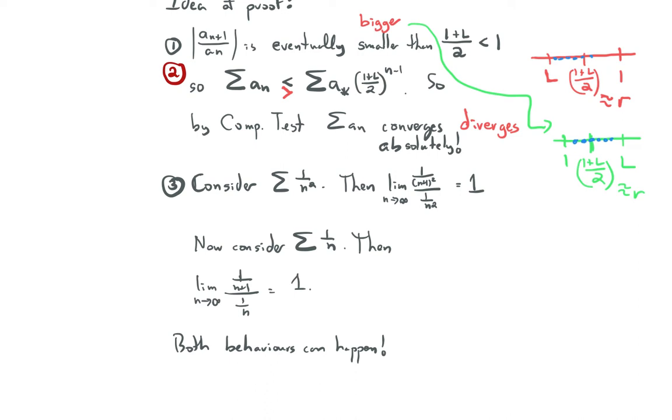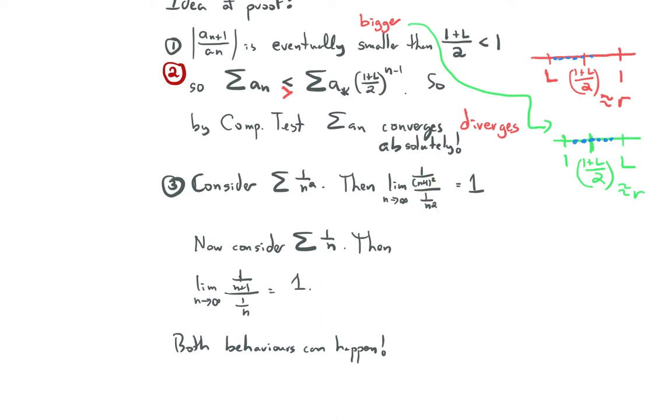In the last case, I just need to show you that both behaviors can hold. We're not going to worry about the absolute values because all of the terms in both series are positive anyway. So we'll just take the ratio a_{n+1} over a_n, like we're doing here, and take the limit.